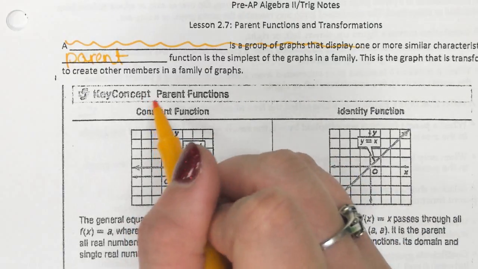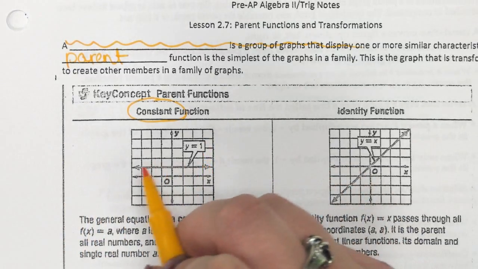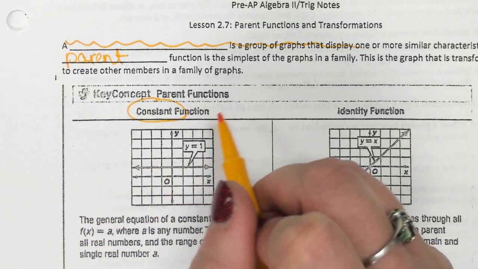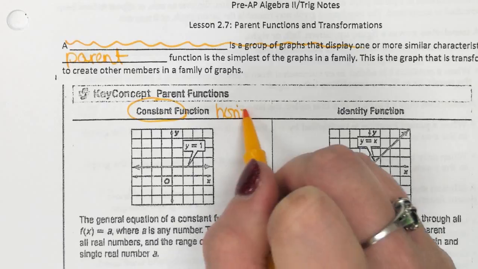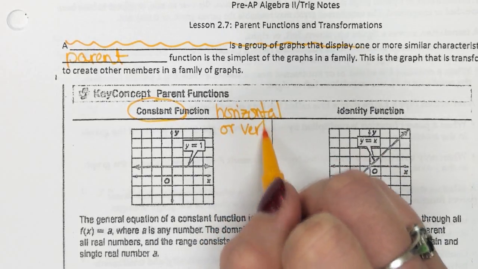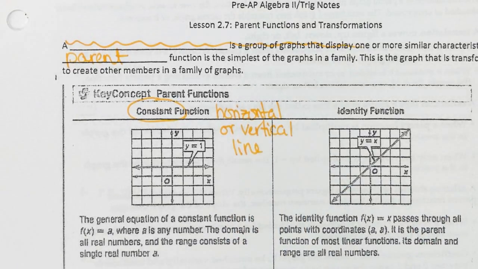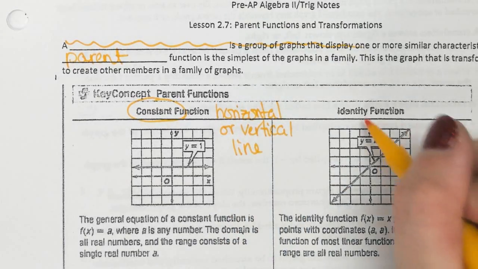So the first parent function we're going to talk about is the constant function. And what do you notice the graph looks like? It's a straight line, okay? It's a horizontal line. Or it could be a vertical line. All right, now the identity.